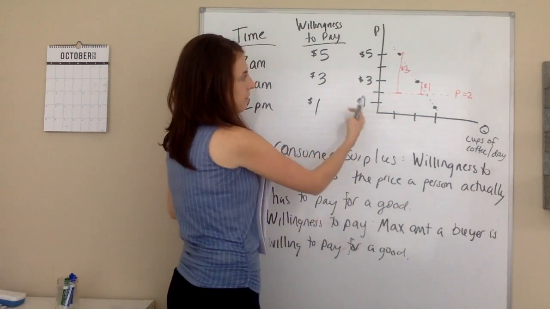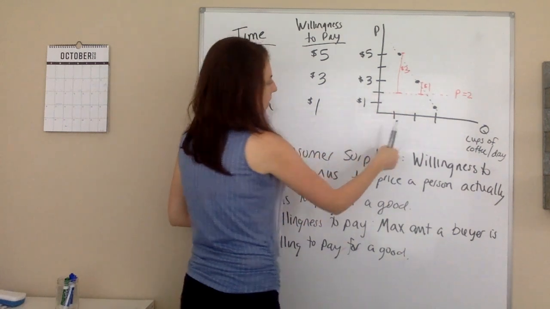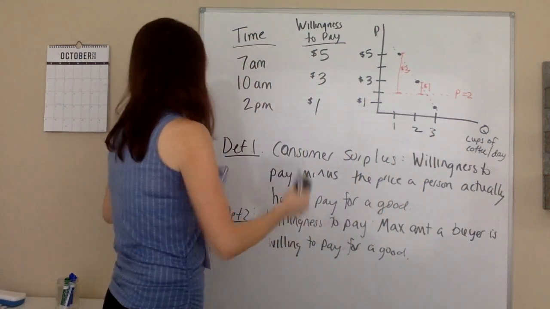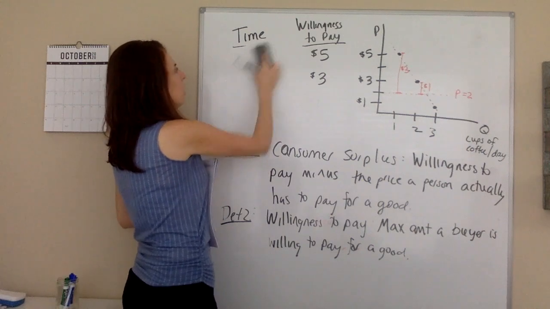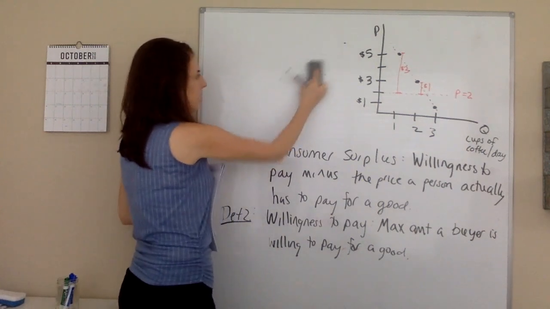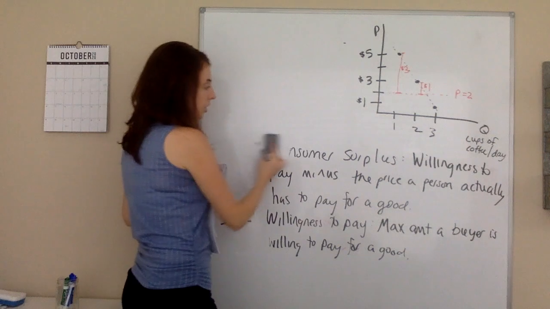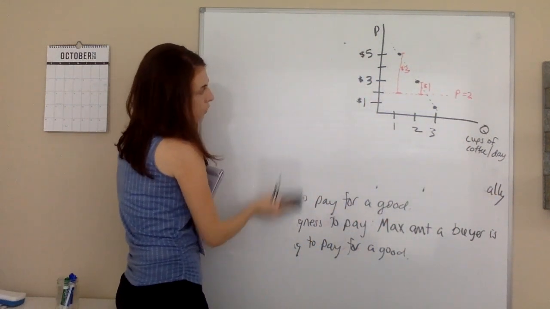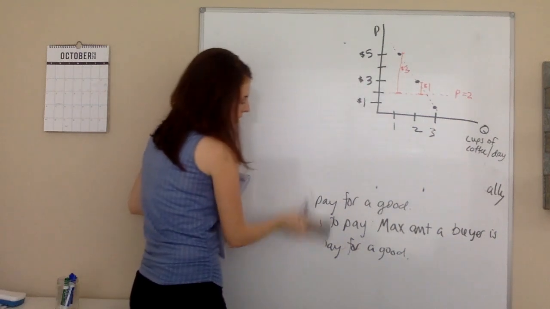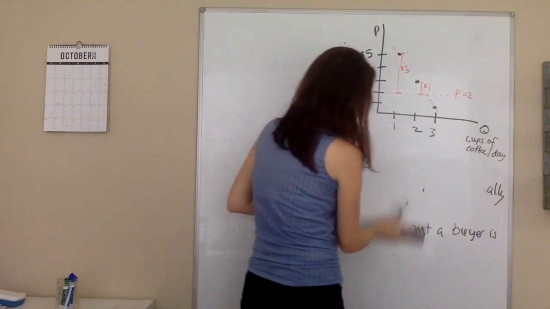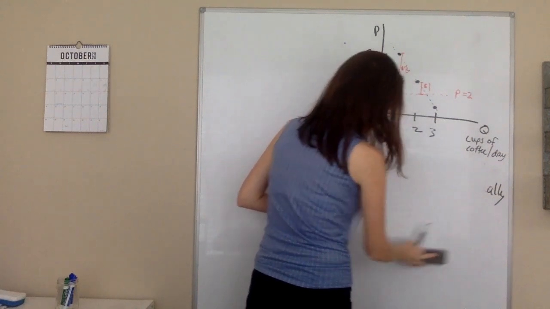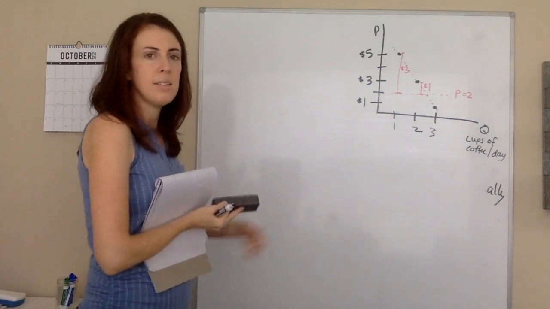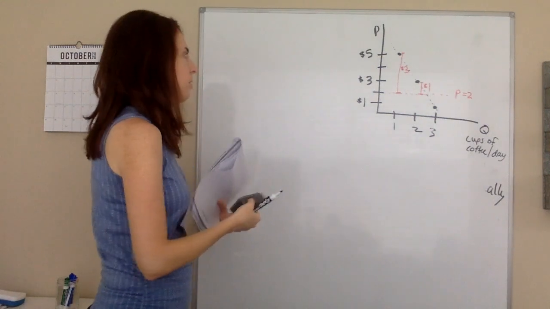And so the scale of this blows up so that we have bigger numbers along the horizontal axis than like 1, 2, and 3.